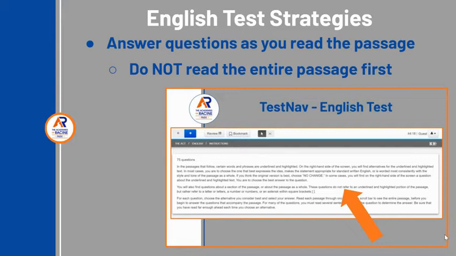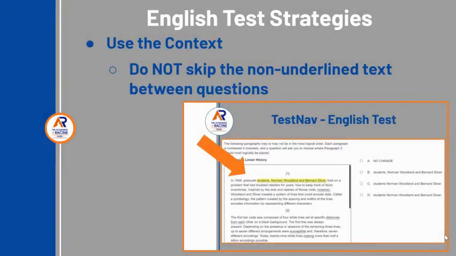All right, so for some strategies. Answer those questions as you read the passage. Okay, the directions are going to tell you to read the entire passage first and then go back and answer the questions. Do not do this. Read the passage as you answer the questions. Save yourself a little bit of time. Use the context.